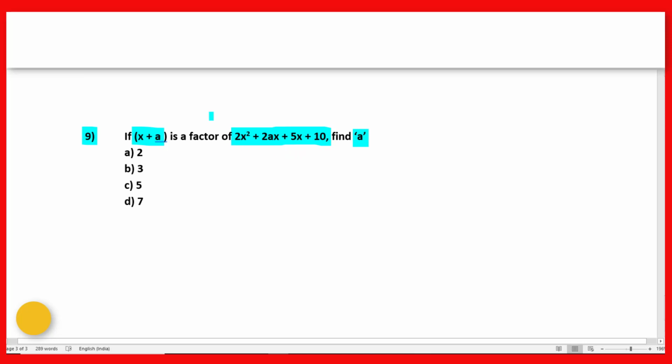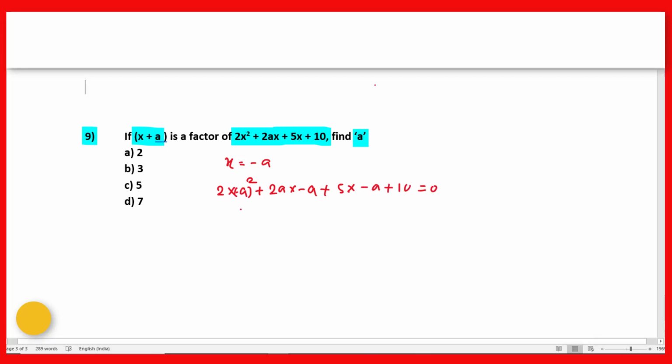Now here the given equation is 2x square plus 2ax plus 5x plus 10, and x plus a is a factor of this polynomial, then x is equal to minus a will be satisfied by this equation, and so put the value of x as minus a, so it will be 2 into a square plus 2a into minus a, so this will be minus a bracket square plus 5 into minus a plus 10, that will be equal to 0.